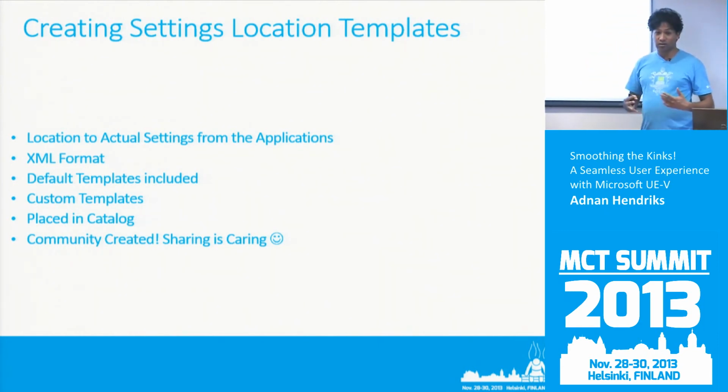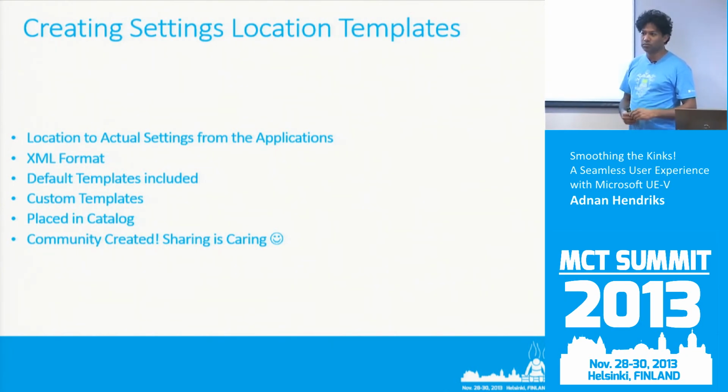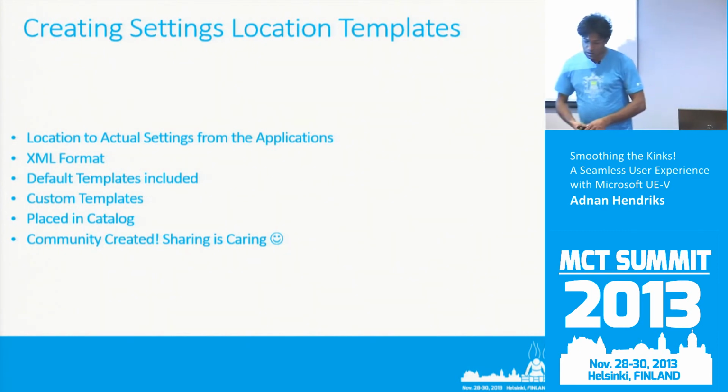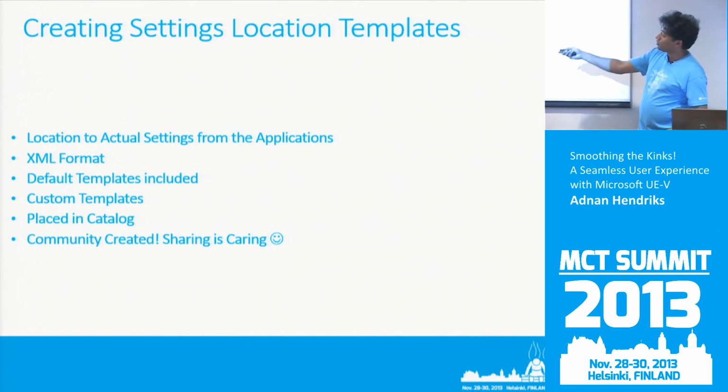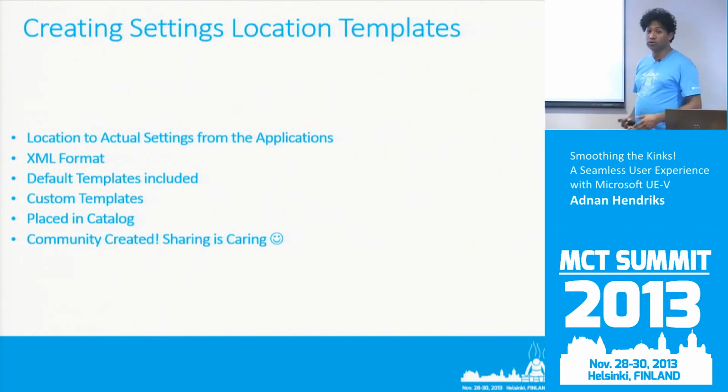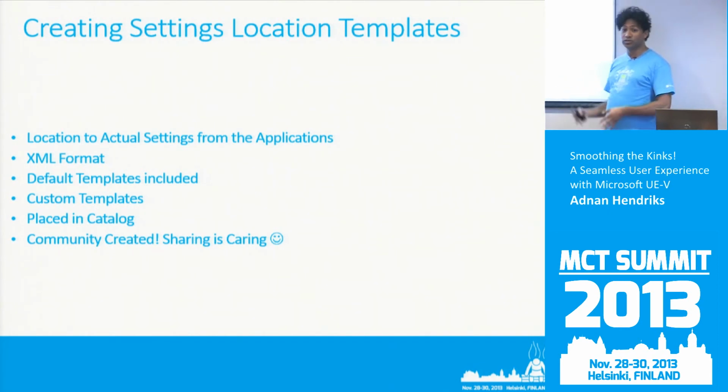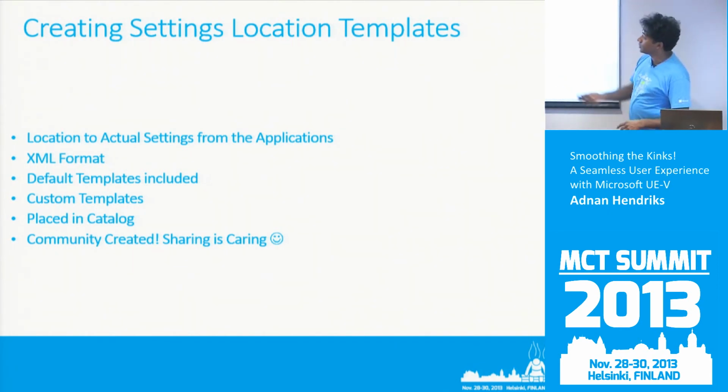It has a bunch of default templates included, around 17 to 21 default templates for the Windows OS environment, the default built-in applications on the operating system, and also things like Office 2007, Office 2010. You could also go and create customized templates of your own application. I know the developer there at the back could create one for herself, the Windows 8 application.